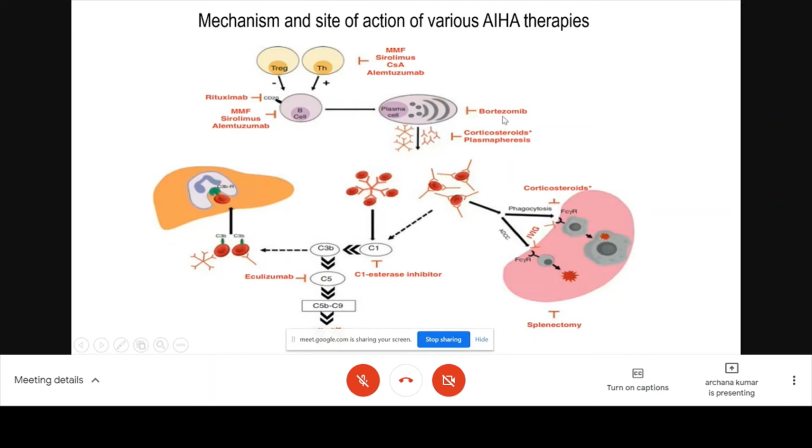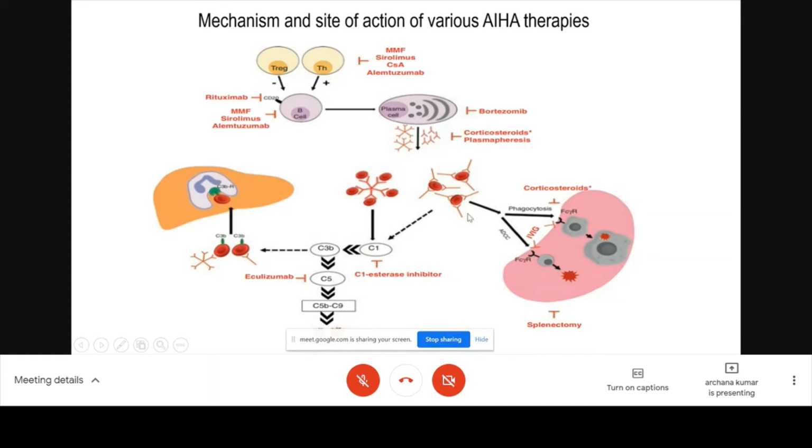Bortezomib acts on the plasma cells and again decreases antibody production. Corticosteroids also reduce the antibody production, and plasmapheresis also removes these antibodies.